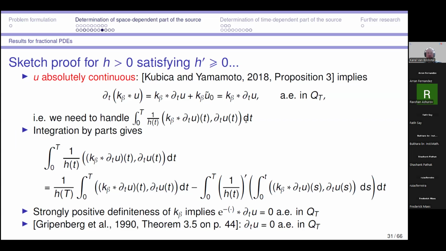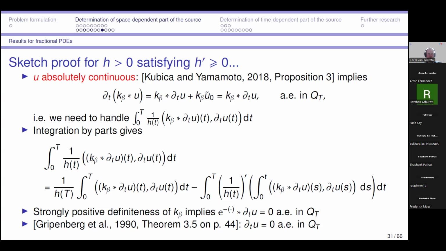So the approach was to multiply with the time derivative of u, to divide by h, to integrate over the space domain, and then to integrate from 0 until final time. All the other terms we handled, the right-side term was equal to 0, and the other terms were handled with integration by parts. This we will also do for the main term containing the Caputo derivative.